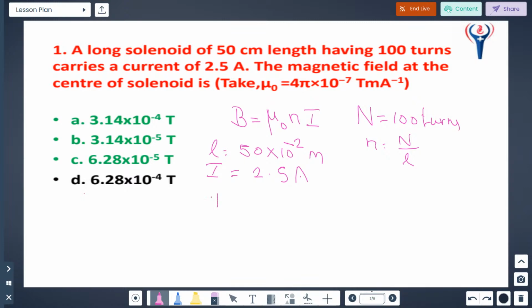B equal to mu naught, that is 4 pi into 10 power minus 7 into n. n is N by L, that is 100 by L is 50 into 10 power minus 2, into I is 2.5. 2.5 divided by 5 is 2 times. 50 means 20 times.